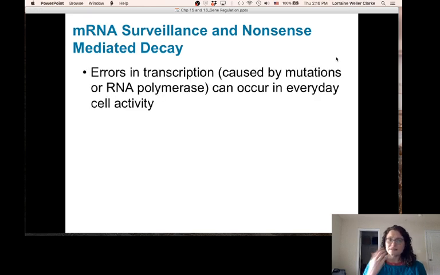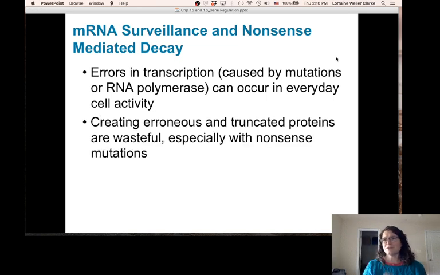So again, errors in transcription can either be caused by mutations or by RNA polymerase. This can occur in everyday cell activity. Again, remember that mutations can happen in your specific cell DNA outside of the transcription, outside of having a mutation in your genome, okay? So in order to reduce the impact of these accidents in single cells here and there, your body has a way of detecting when something bad is going on, okay?